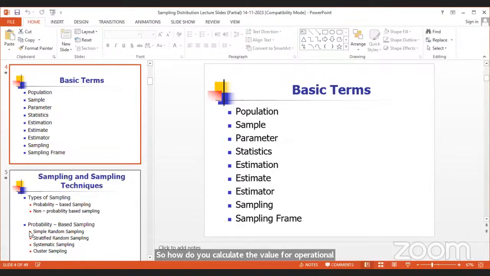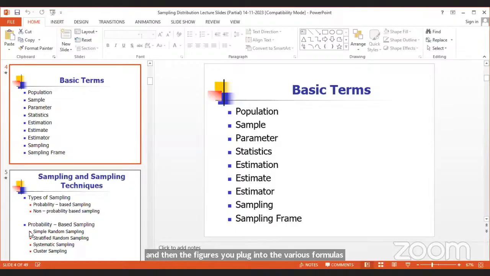Remember, you take a sample. After taking the sample, the sample will be subjected to some tests using various techniques. Those various techniques will generate figures, and then you plug the figures into various formulas and arrive at your results.